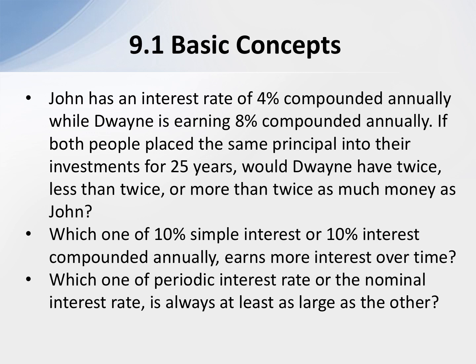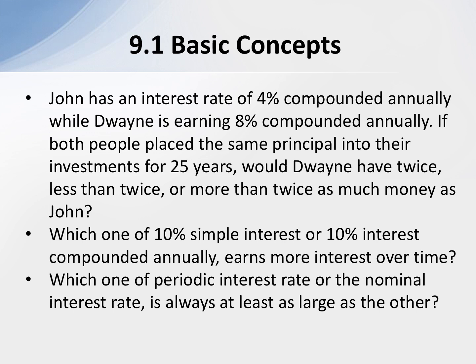Here's another couple of questions to ponder. John has an interest rate of 4% compounded annually, while Dwayne is earning 8% compounded annually. If both people place the same principal into their investments for 25 years, would Dwayne have twice, less than twice, or more than twice as much money as John?